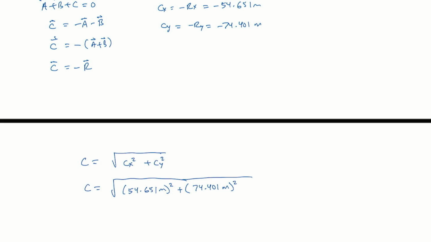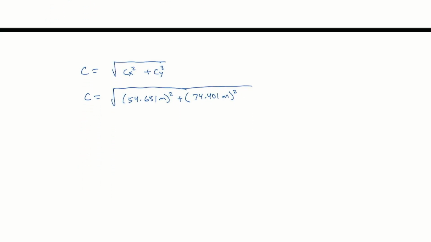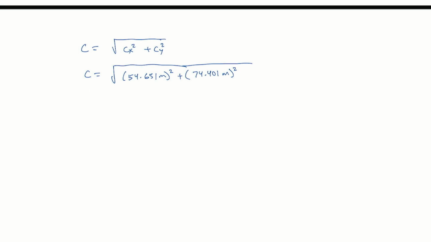We'll square that. And so this gives a length for C of 92.317 meters. To 3 sig figs, it is going to be 92.3 meters. So that's the length she needs.